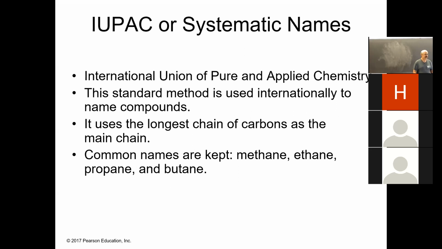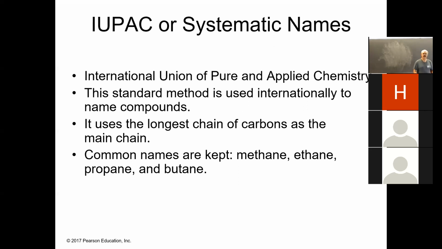IUPAC stands for the International Union of Pure and Applied Chemistry. It is based in Geneva, Switzerland. And besides developing official rules for naming organic compounds, it also has a systematic method for inorganic compounds.